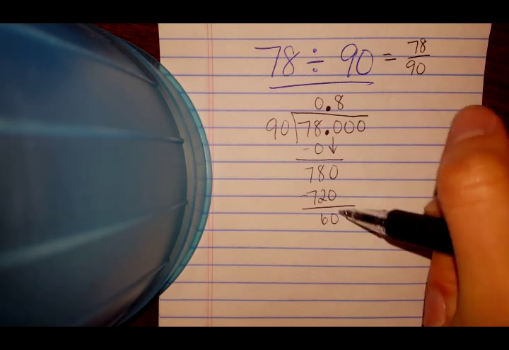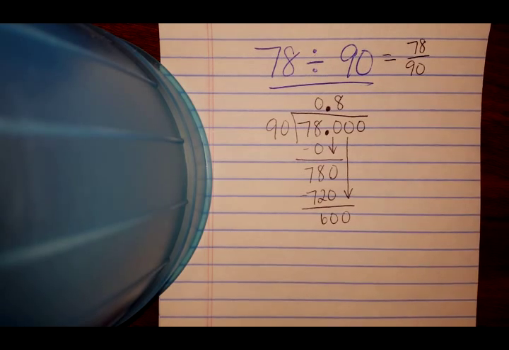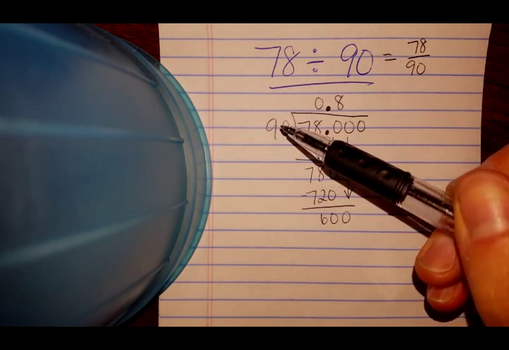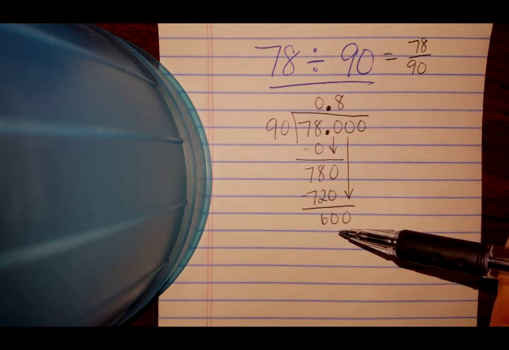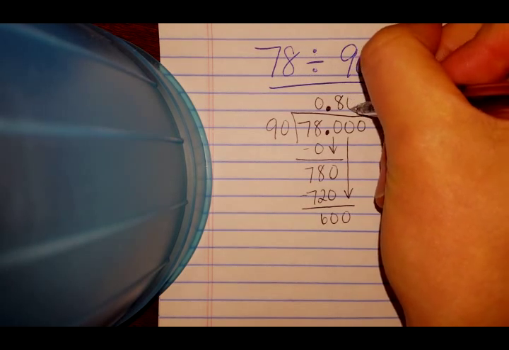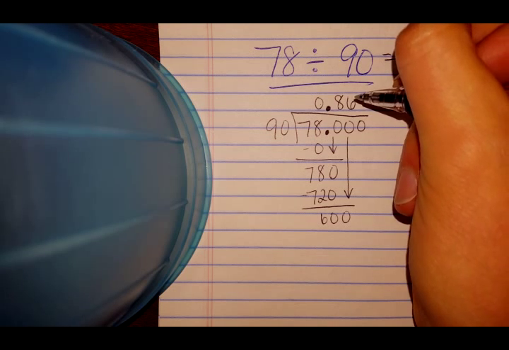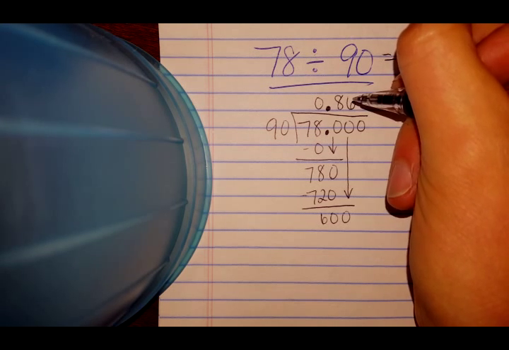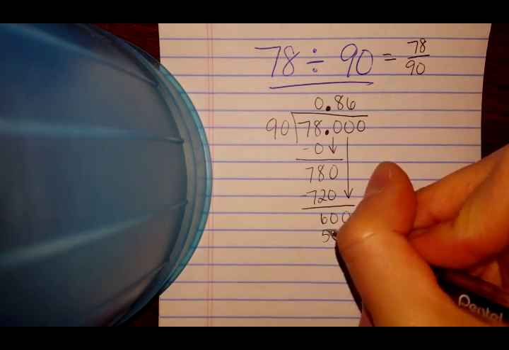But since I have a remainder down here, I have to keep going. So now I'll ask, how many times does 90 go into 600? Well, I know 90 goes into 540 6 times. I can't go up one more because 7 times is 630. So 6 times 90 is 540.